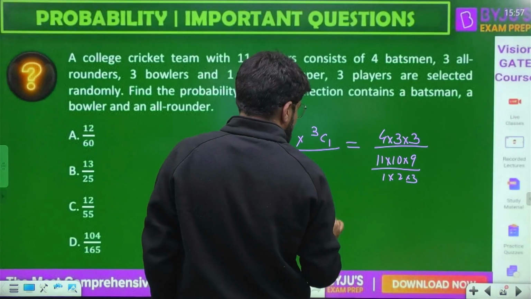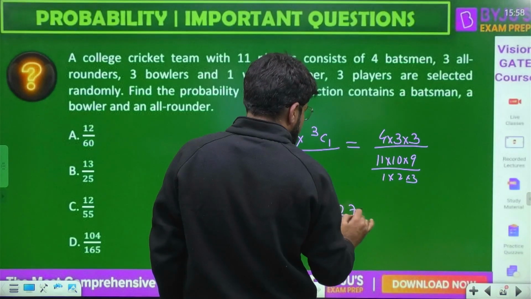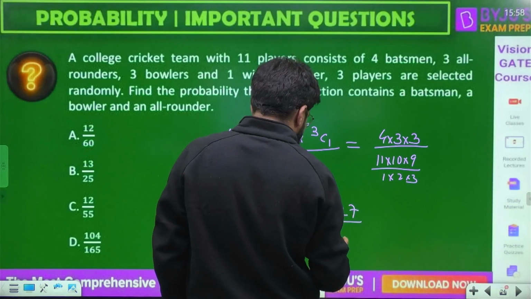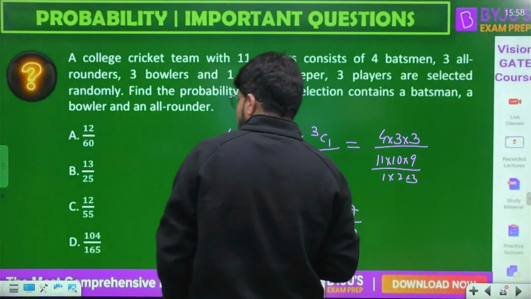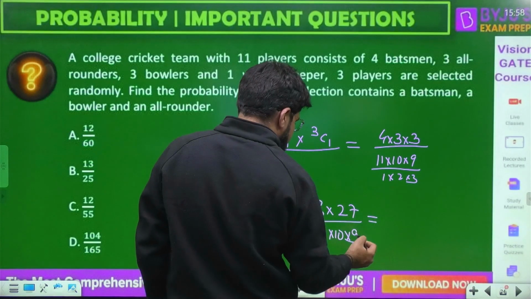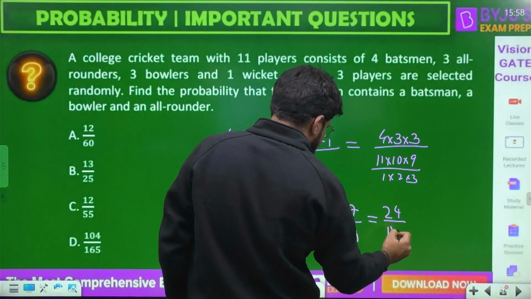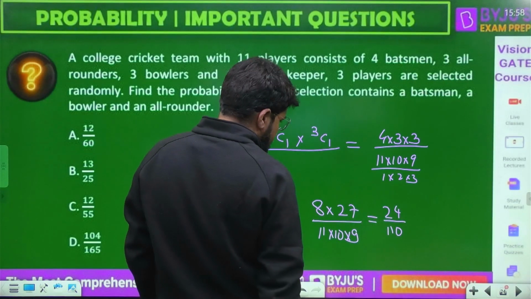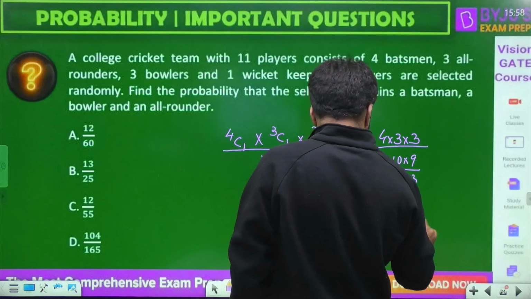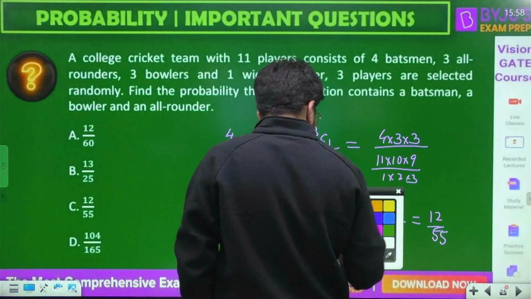Okay, let me take it here. So 4 into 3 is 12, into 3 is 36, over 11 into 10 into 9 over 6. The 9 is clearly cancelled, that is 3. So 3 into 8, 24 divided by 110. Cancelled by 2, so 12 divided by 55.